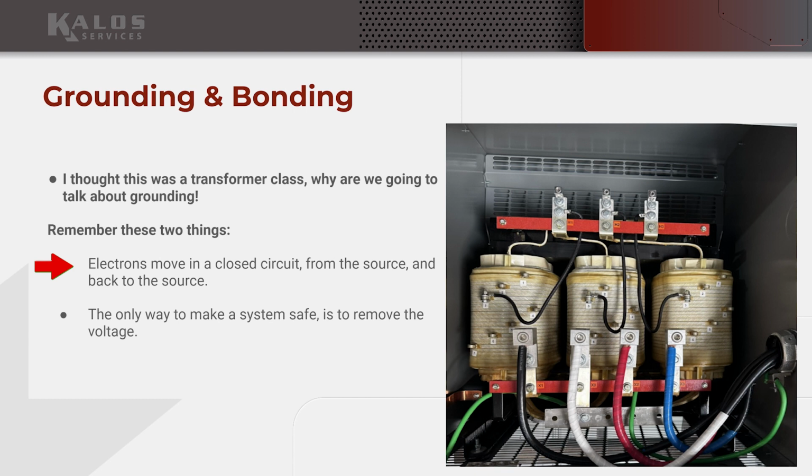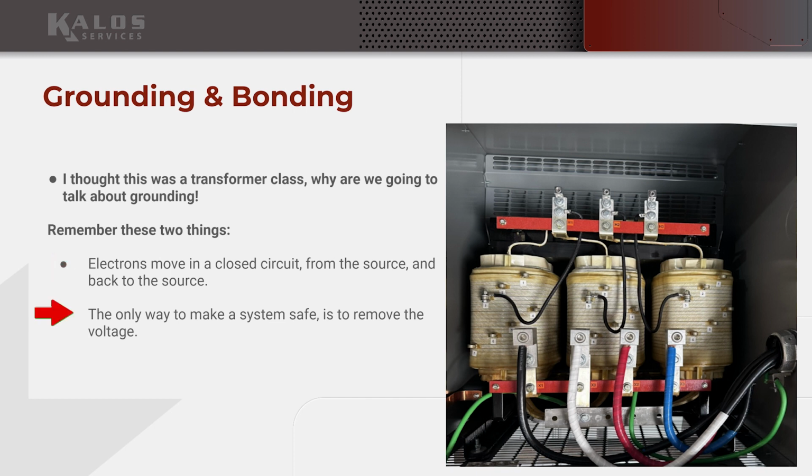We learned this last week with the transformers, where the electromagnetic field induces an electromotive force into another conductor, and electrons in that conductor will flow if it is a closed circuit. So a circle, a closed circuit, and usually, if it's wired correctly, going through resistances, through loads. So electrons are moving in a closed circuit from the source back to the source. That's an important thing to remember.